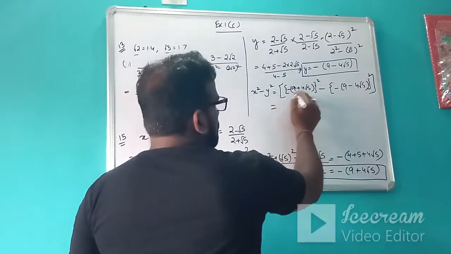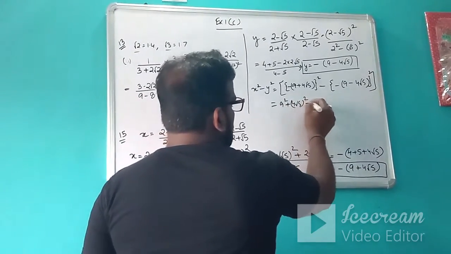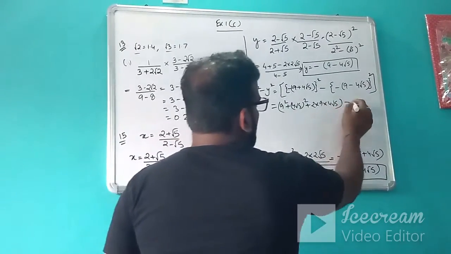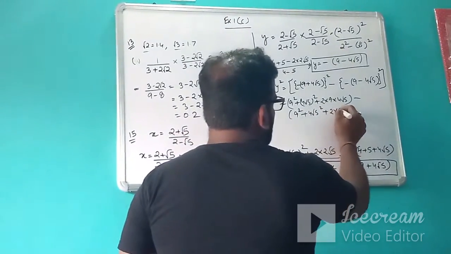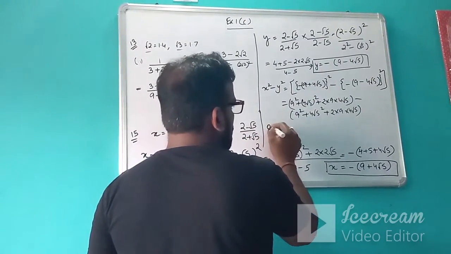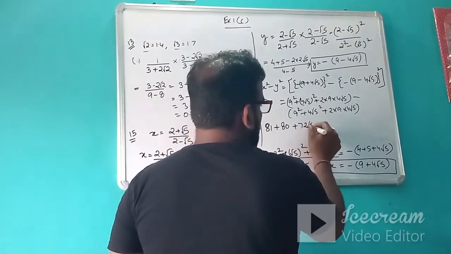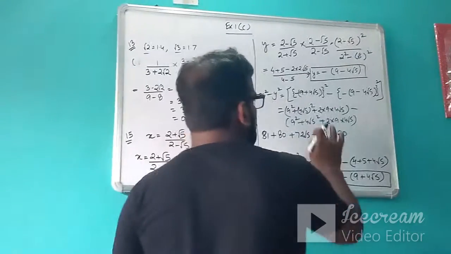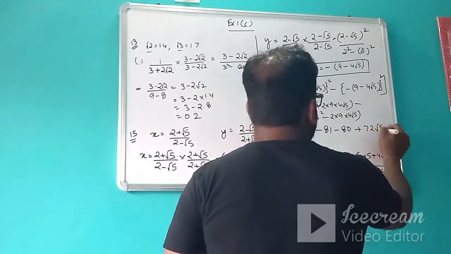So it becomes 9 square plus 4 root 5 square plus 2 into 9 into 4 root 5, minus 9 square plus 4 root 5 square plus, okay, so that means it is 81 plus 80 plus 72 root 5 minus 81 minus 80 plus 72 root 5.